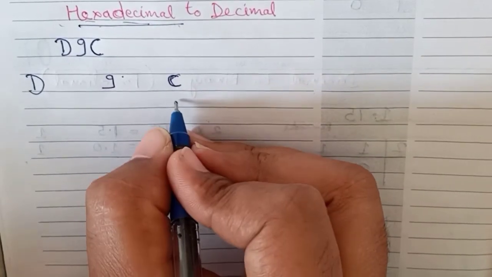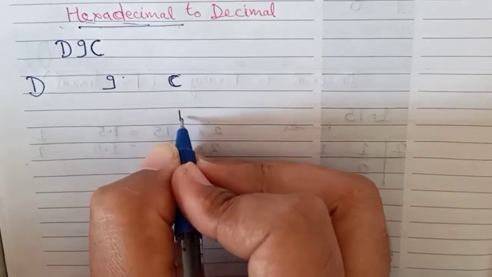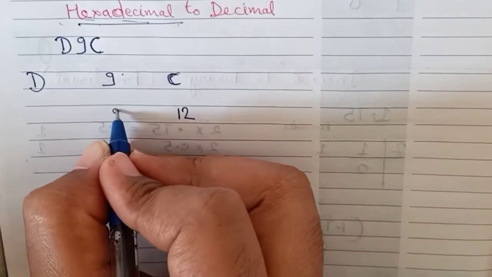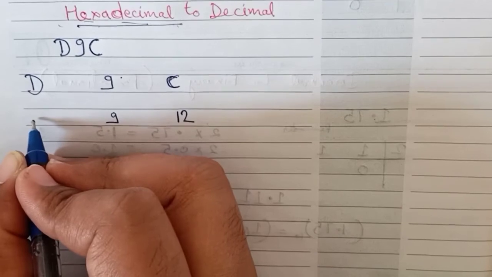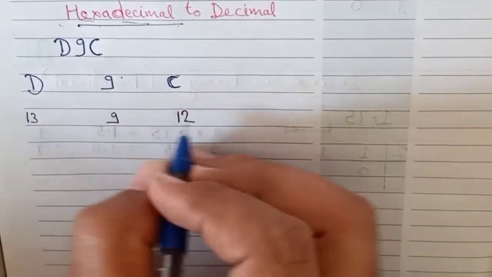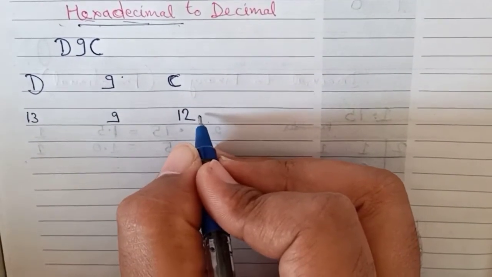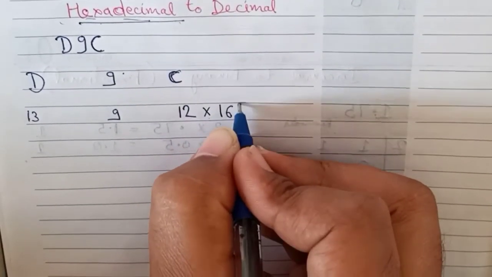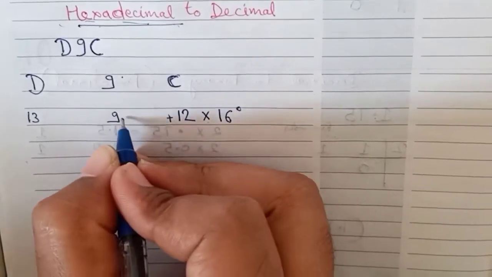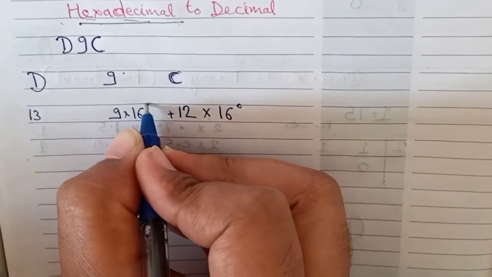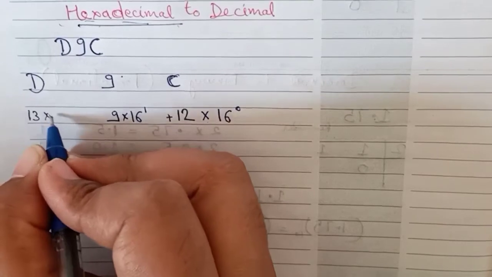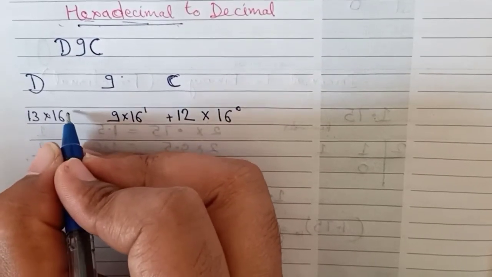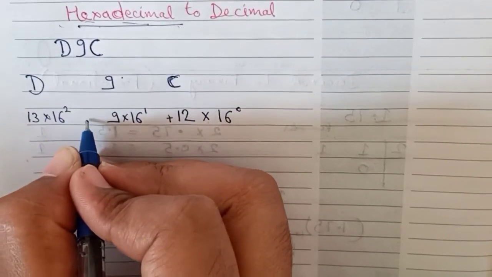C stands for 12, 9 stands for 9, and D stands for 13. Now multiply with the powers of 16: 16 raised to the power 0, 16 raised to the power 1, 16 raised to the power 2.